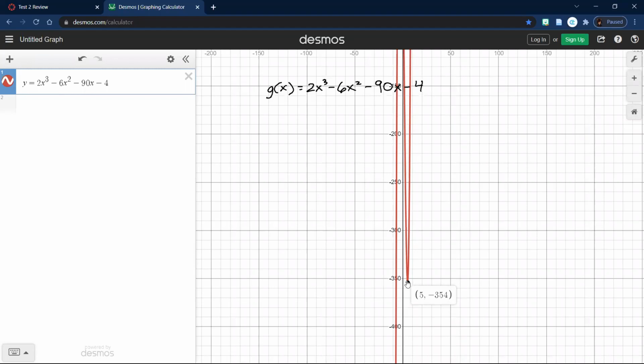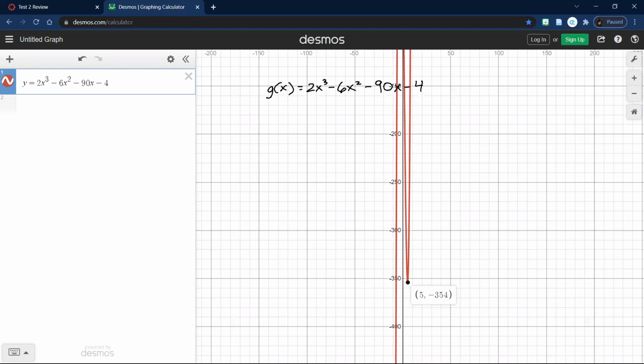What you've got to remember about the maximum and minimum is that the maximum or minimum is the y value, and it happens at the x value. So when you're asked for the maximum and minimum, you want to give the y value of that point. So for this one, our minimum is what? 5.